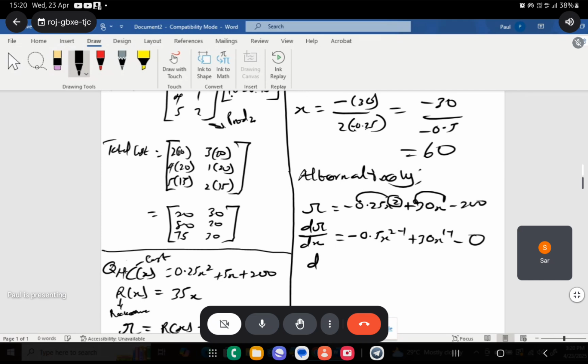So therefore, the derivative of profit over x becomes minus 0.5x, because 2 minus 1 will be just 1, plus 30.